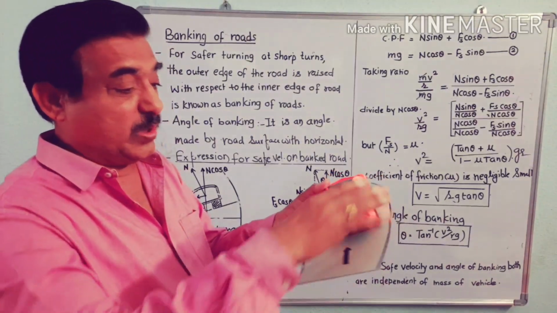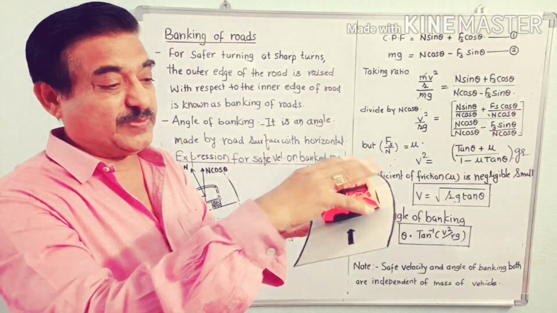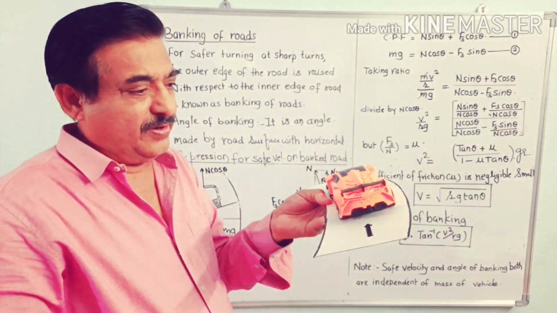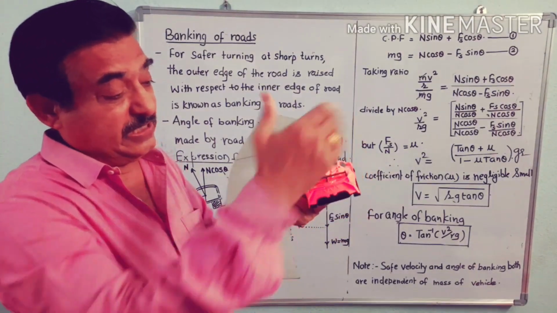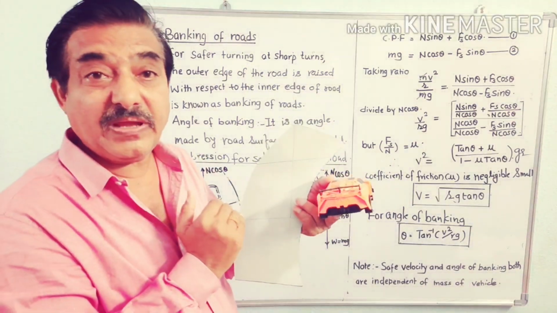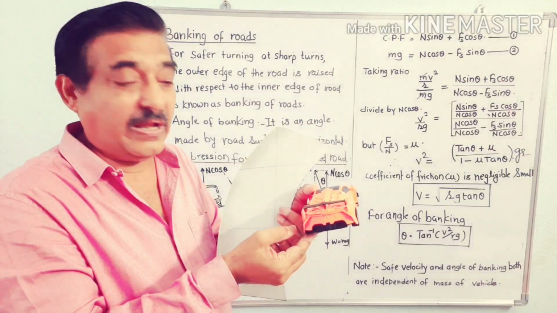As this road is banked, that is, the outer edge is raised with respect to the inner edge, the line of action will be shifted toward the inner wheel, and there is excessive pressure on the inner wheel.